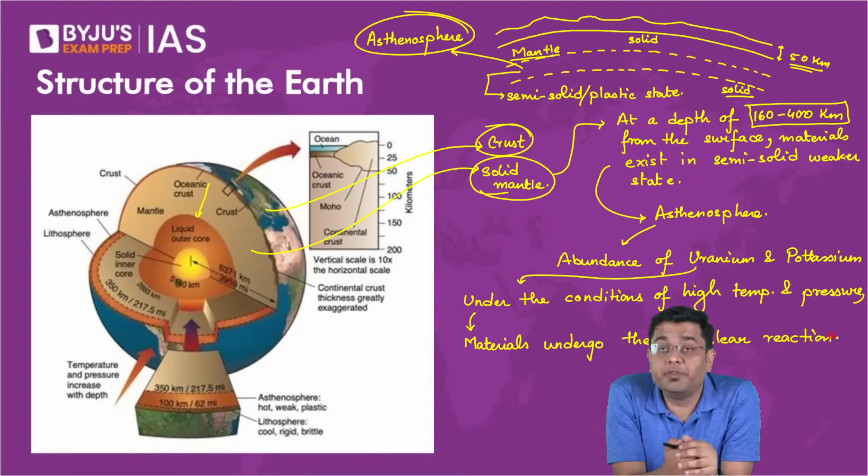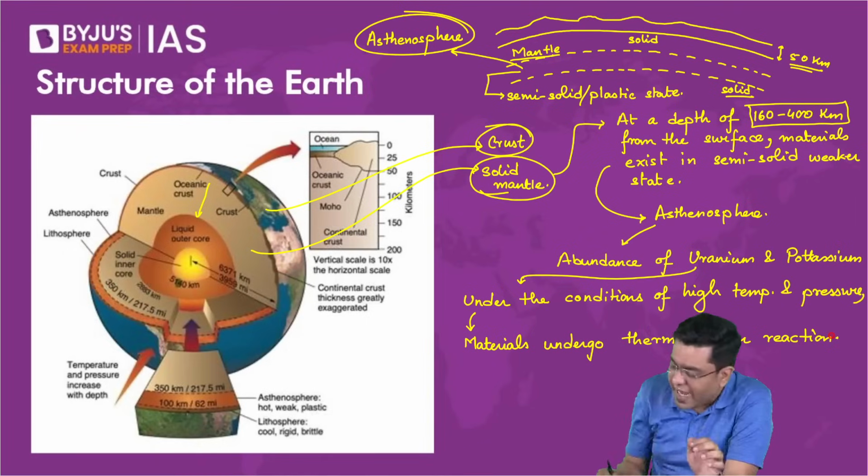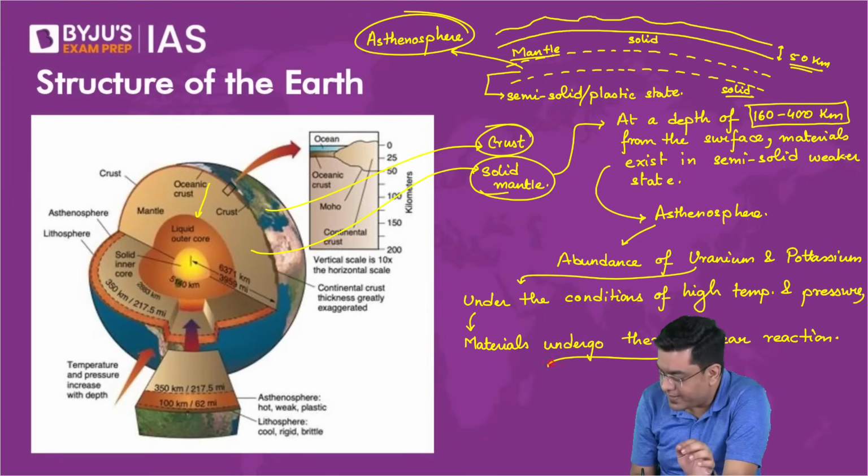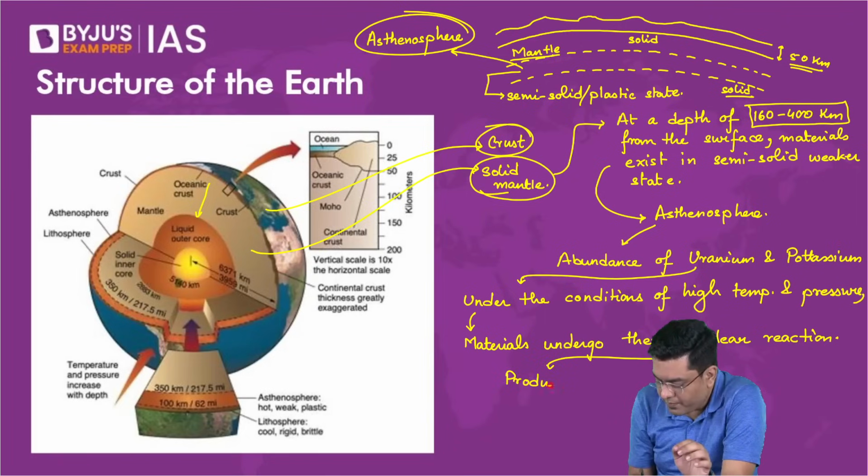That is what you observe in the case of the sun as well. The sun is a case of nuclear fusion. But here, a nuclear fission reaction takes place. Nonetheless, a nuclear reaction takes place that produces very high temperature.